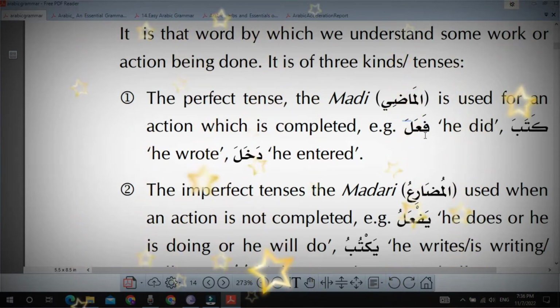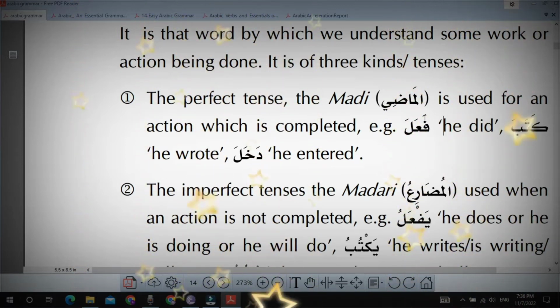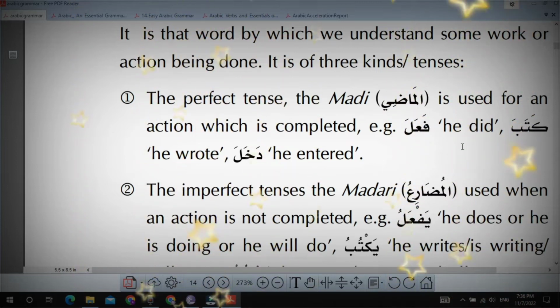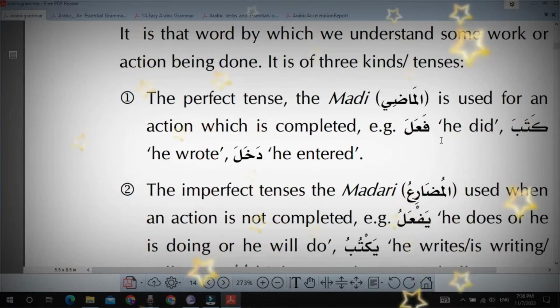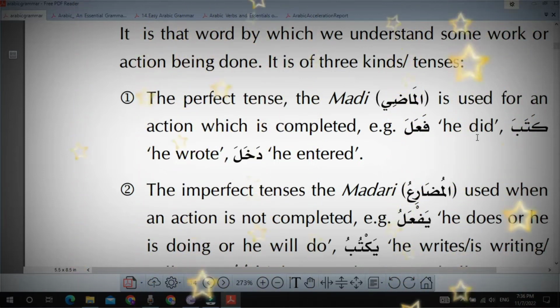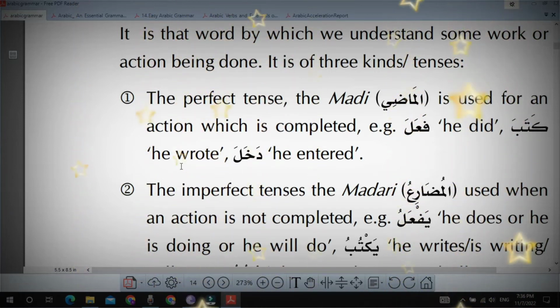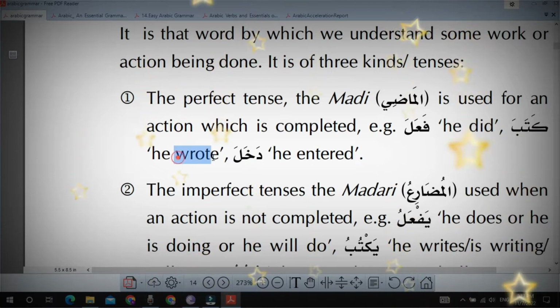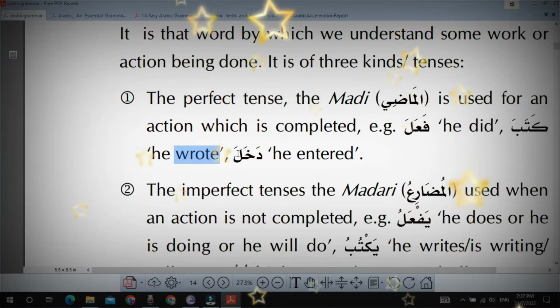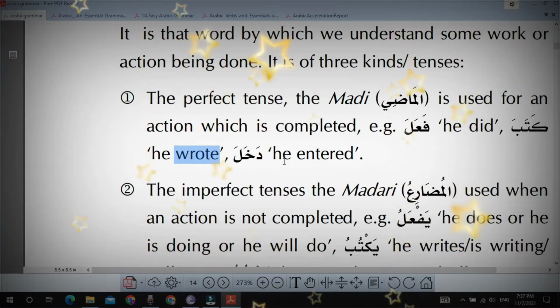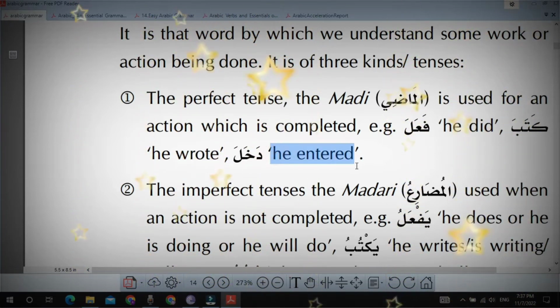The word shape for this is like fa'ala. Fa'ala, the meaning of fa'ala is he did. Kataba, he wrote. Dakhala, he entered.